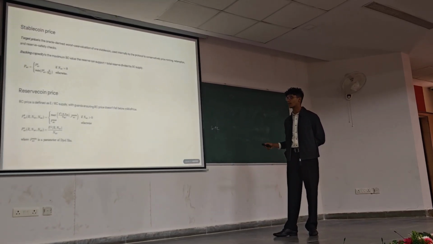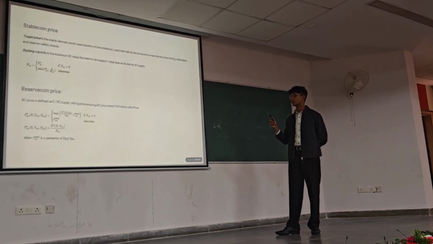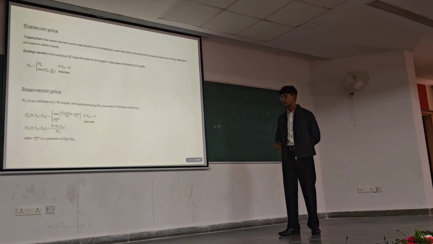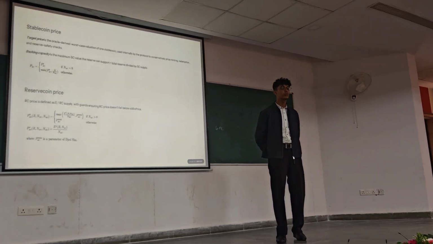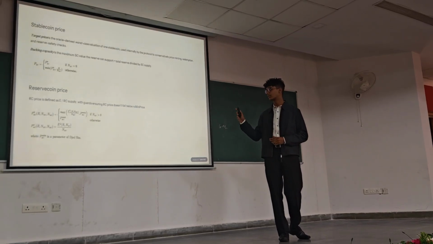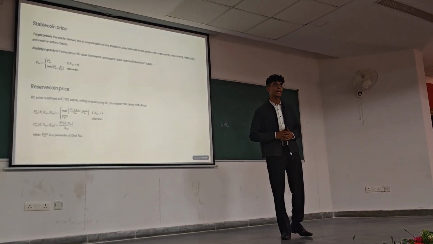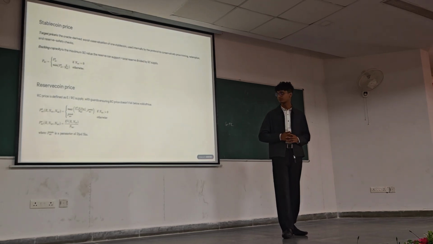But if we have reserve coins in place, then the price of reserve coin becomes the maximum of the, we also have another parameter which is the price of a minimum reserve coin. So we don't want the reserve coin price to go below a certain threshold, and so we have these two parameters. We also have reserve coin maximum, so we don't want the price of reserve coin to go above a maximum threshold also.